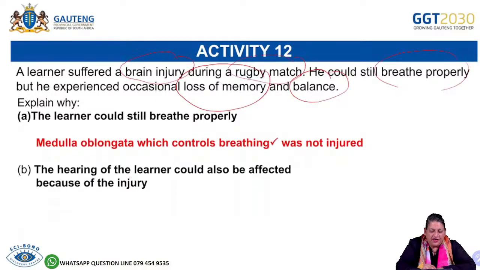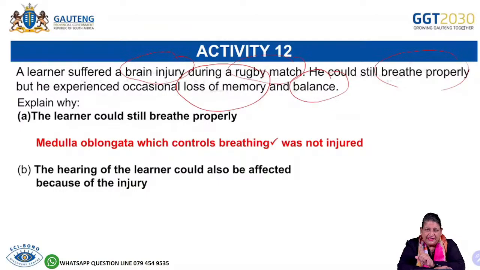Explain why the hearing of the learner could also be affected because of the injury. Now, they said it's a brain injury during a rugby match. He could breathe, but he experienced loss of memory and balance. And then you're going to say, but why are they saying that his hearing could be affected? So learners, you must know the functions of the cerebrum, all the functions of all parts of the brain.